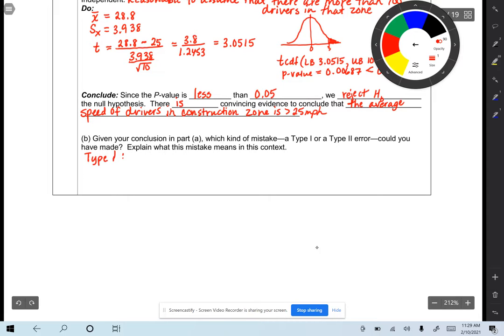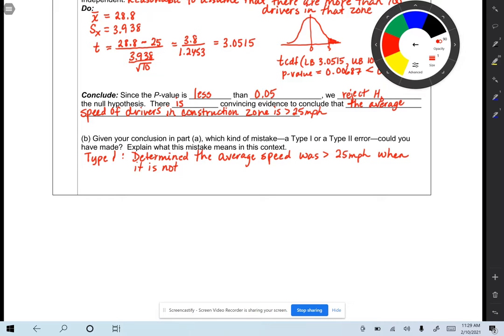We determined in our conclusion that the average speed was greater than 25 miles per hour when it is not. So going back to memories of type 1 and type 2 errors.